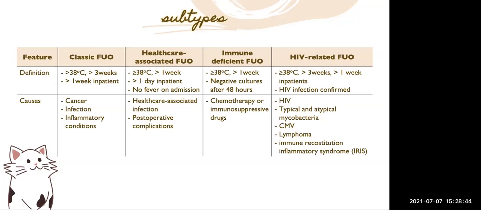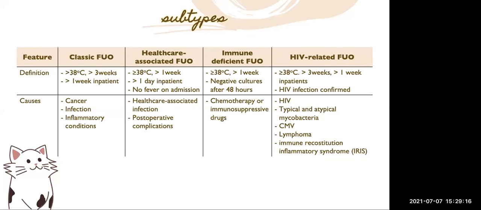Next is the immune deficient FUO, which has the same duration as the healthcare associated, but the key point is that there is negative culture after 48 hours. The usual cause is that the patient is on chemotherapy or immunosuppressive drugs. And then the next one is the HIV related, in which the duration is similar to the classic, but the patient has underlying HIV.